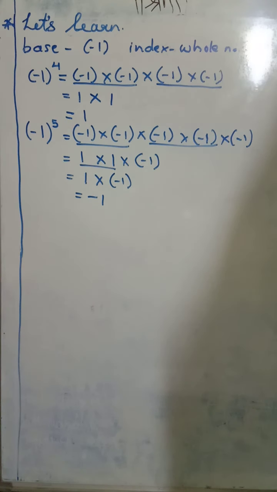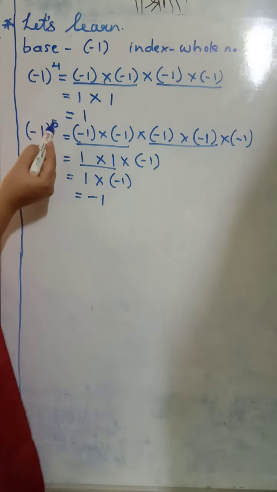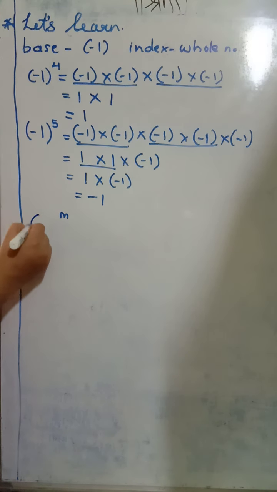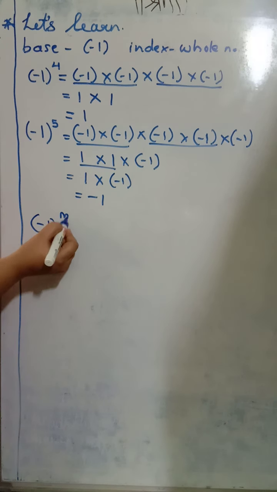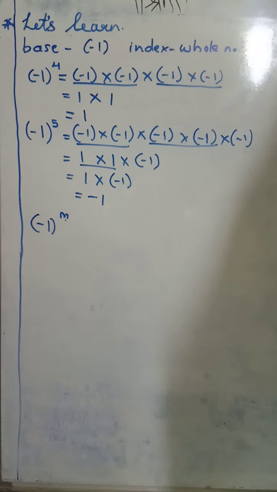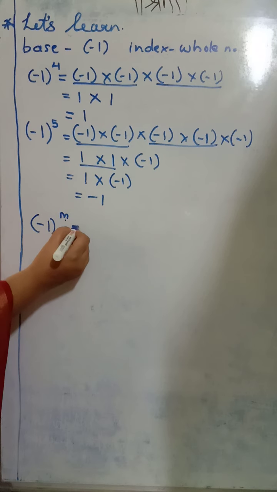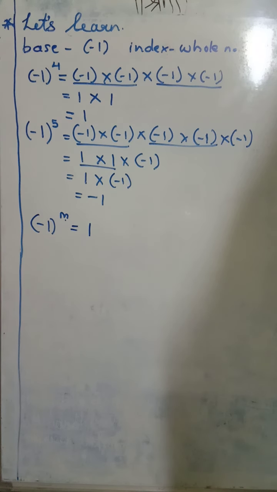Now children, we'll consider this index as m. What will we consider it as? M. And our base is negative 1 only. Now when m is an even number, then minus 1 raised to m will give us answer 1. That is, we'll get a positive answer.